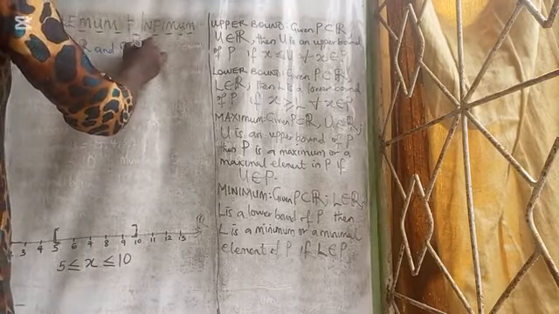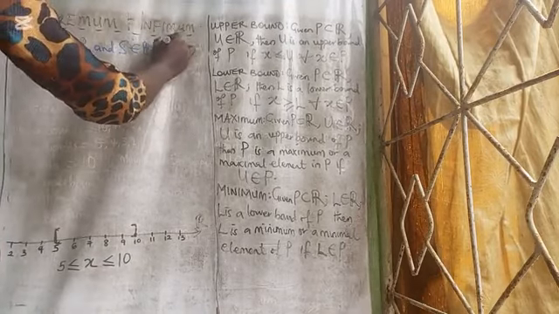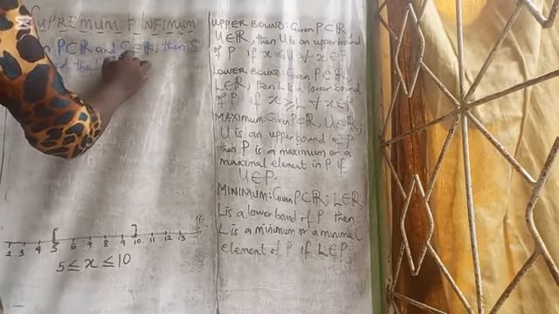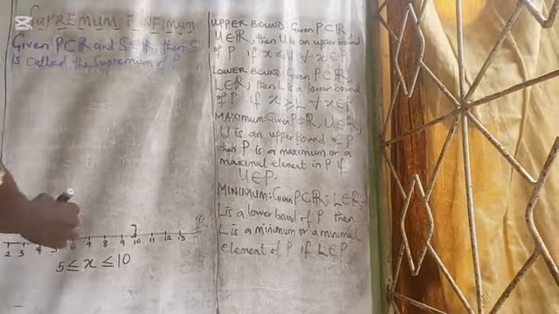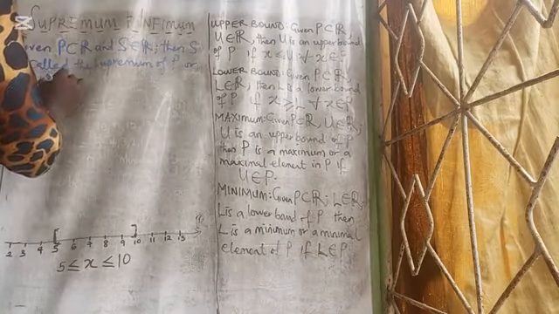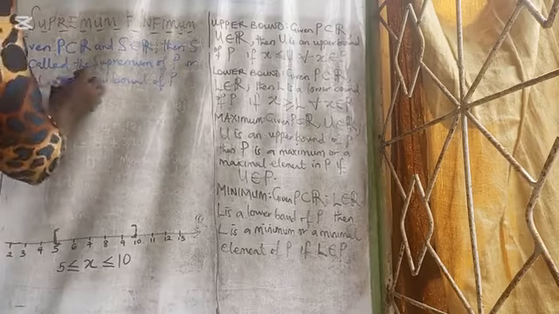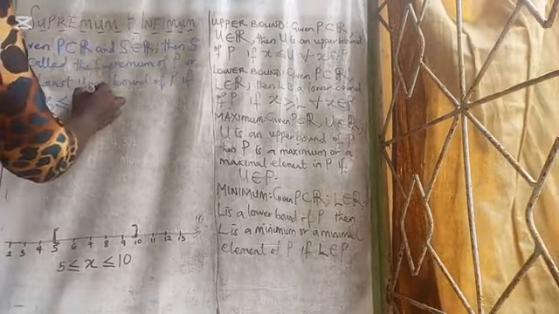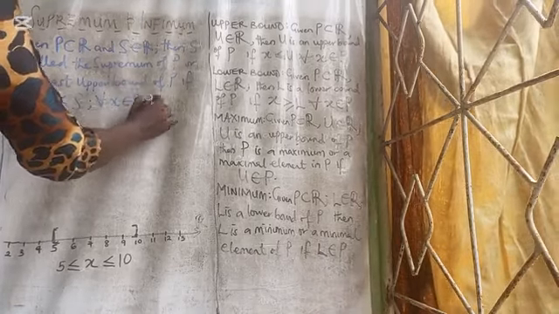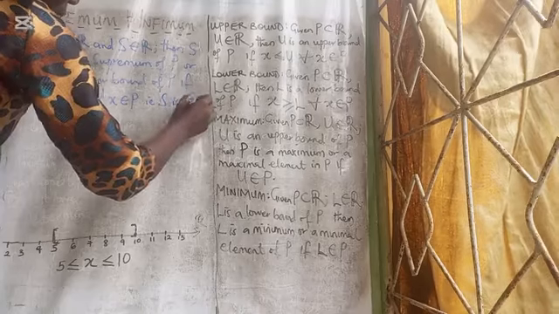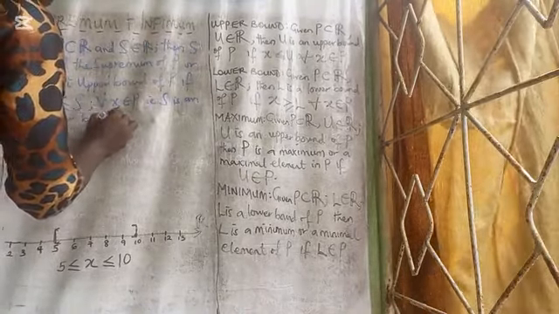and S belonging to R, then S is called the supremum of P, or the least upper bound of P if 1, X is less than or equal to S for all X contained in P. That is, S is an upper bound of P. Yes.